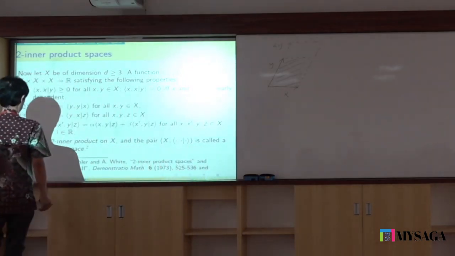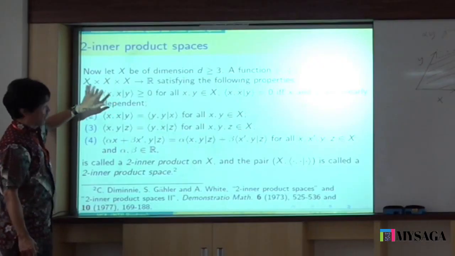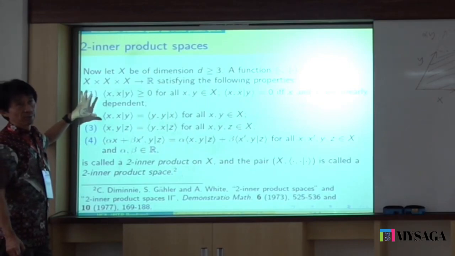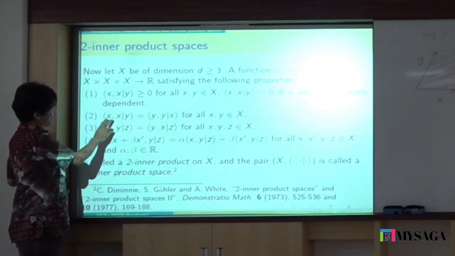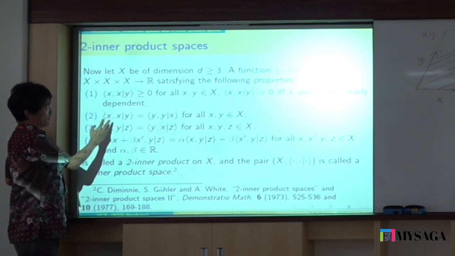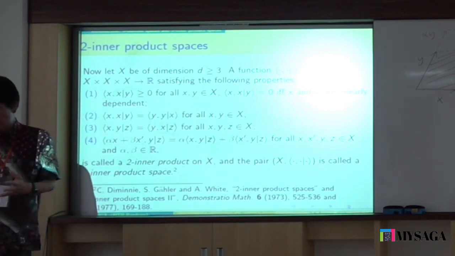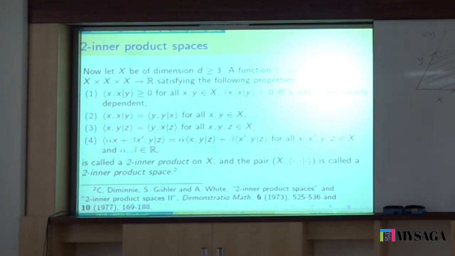In this function, this is the notation that people normally use now. In this notation, the first two factors on the left interact like in the inner product, so the function is bilinear in the first two factors.